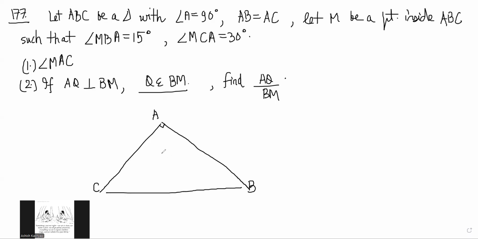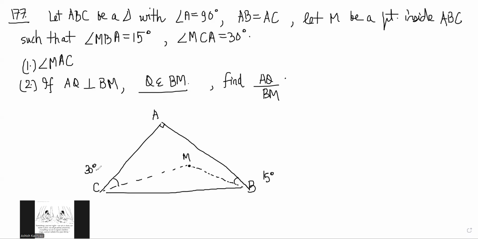Now M is somewhere inside such that MBA is 15 degrees and MCA is 30 degrees. So MBA, let's say like this much is 15 degrees, and MCA, this much is 30 degrees, right? Do you understand the figure right now?